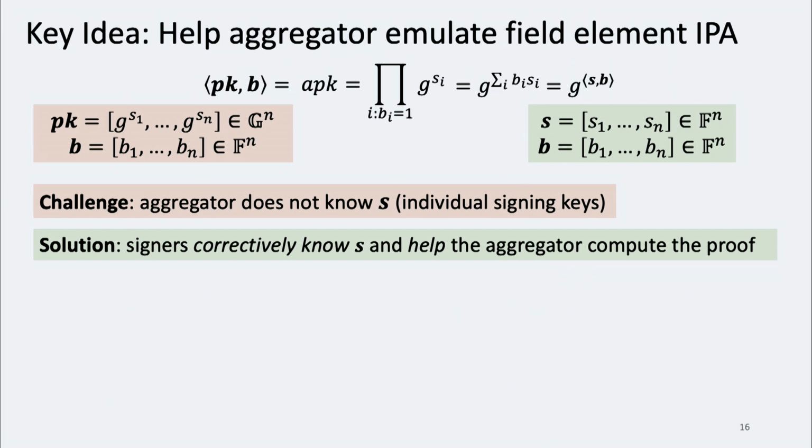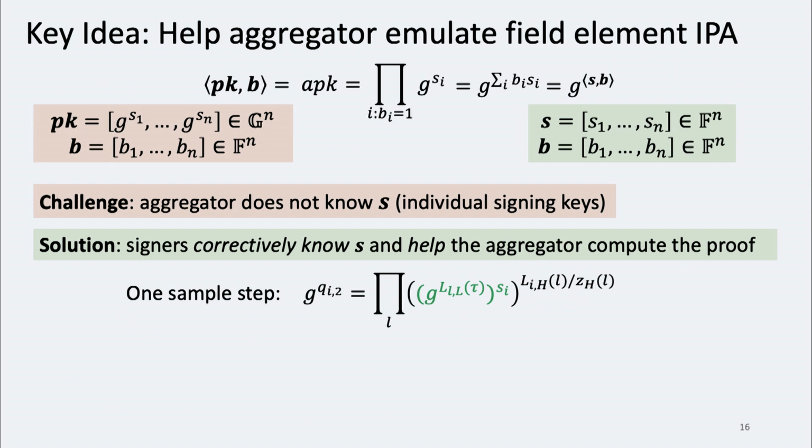Due to time constraints, I won't be able to tell you the entire construction and the math behind it, but here's just one sample step. Somewhere in this proof generation step, we need to compute something like that. What I want to draw your attention to is that there is a component there that's something raised to Si.